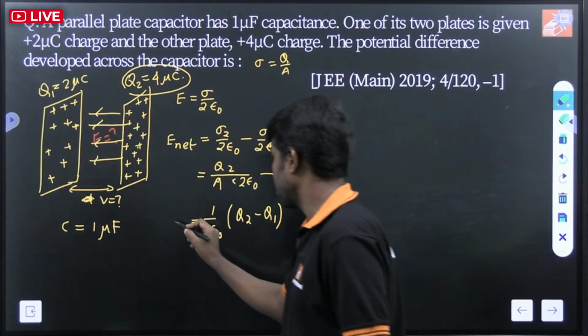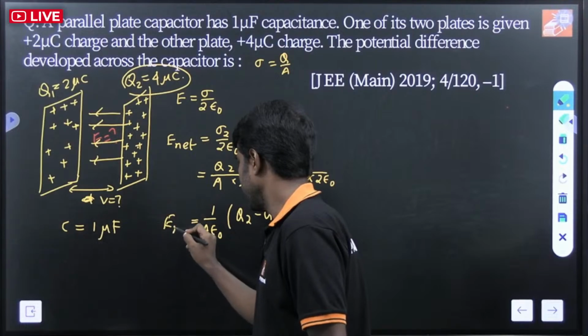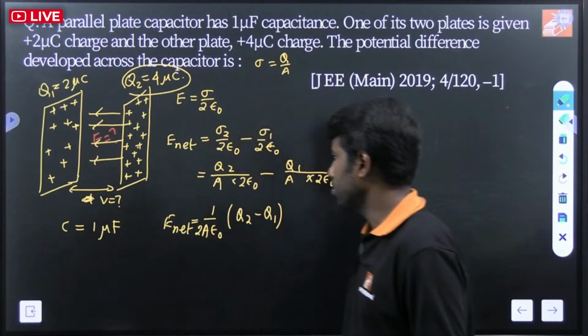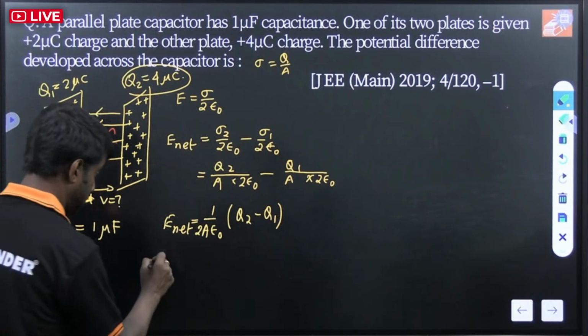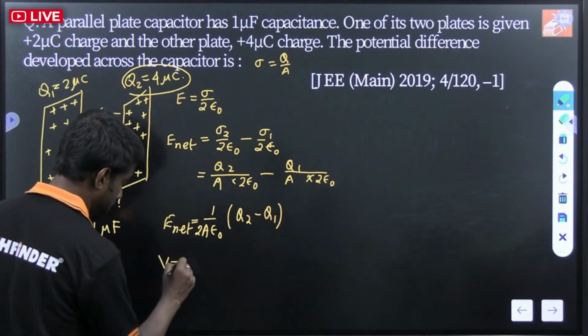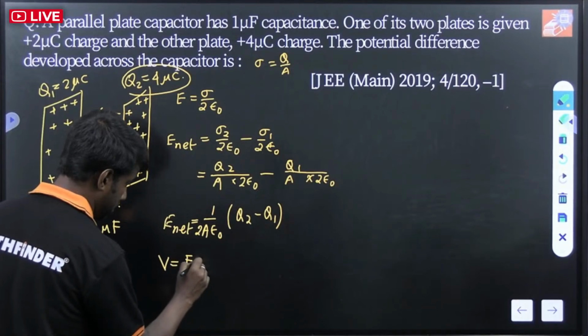So this is your net electric field, and we know the relation between electric field intensity and potential. Potential is E into distance.